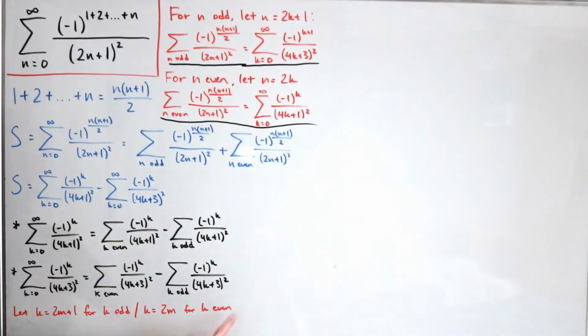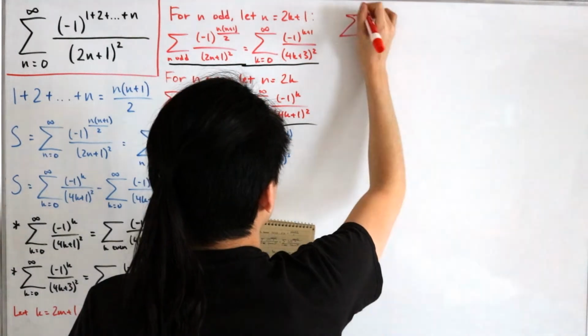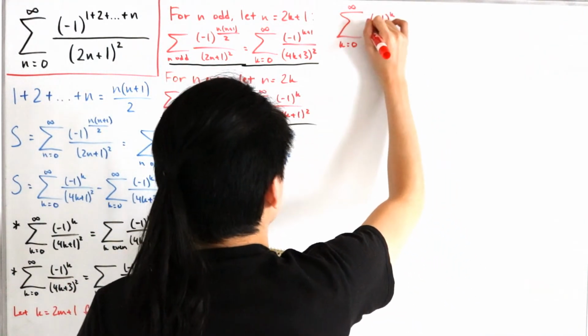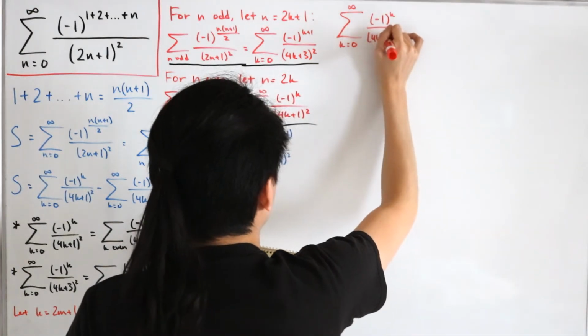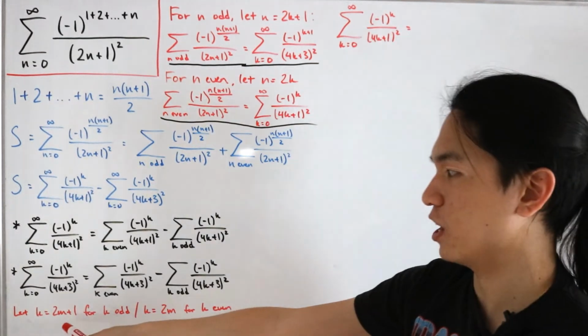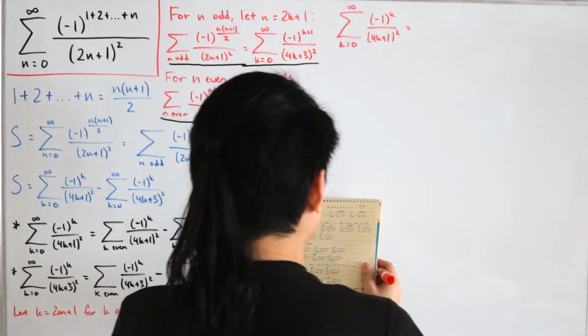So over here, I'm just going to move this to this line. Now we're going to have this infinite sum, and put back the (-1)^k divided by (4k+1) squared. If I put in this substitution, k equals 2m+1 for odds and 2m for evens, now we would have the following sum.